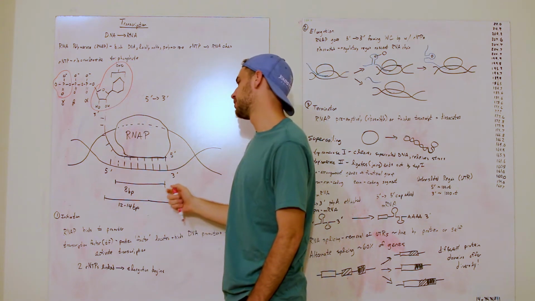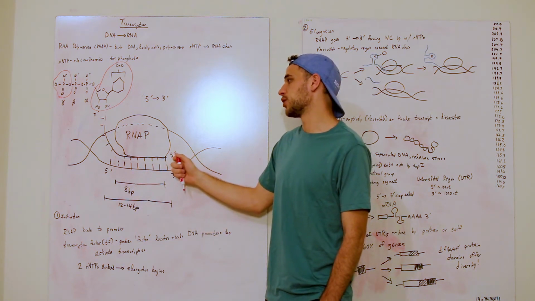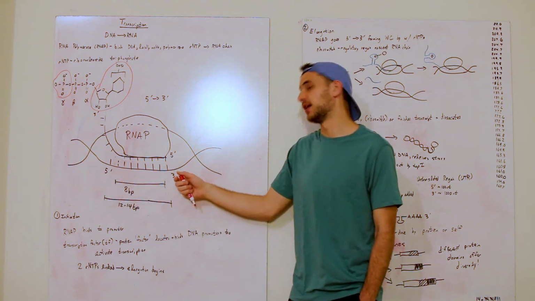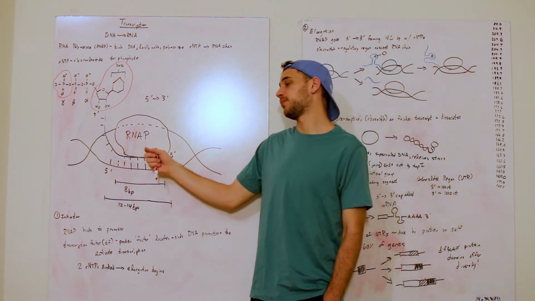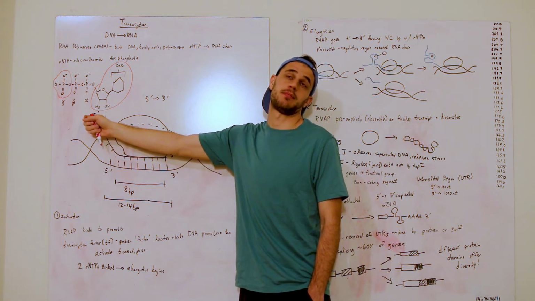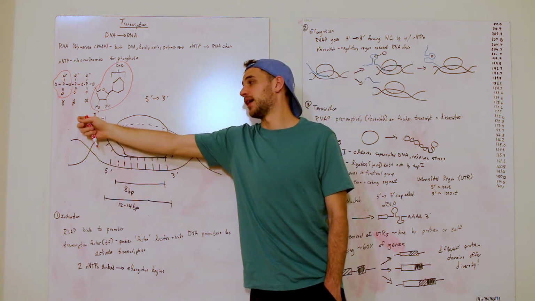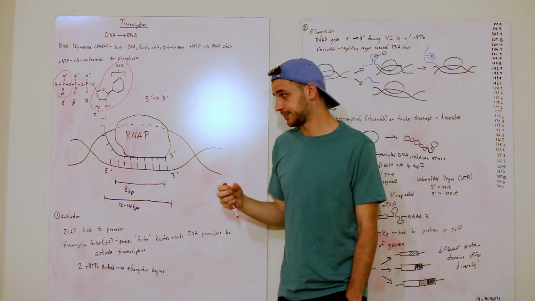transcript comes from DNA, and it's made from the 5' end to the 3' end. So what that means is, because you have to couple this, the RNA polymerase starts the transcript at the 3' end and makes its way down to the 5' end of the RNA.